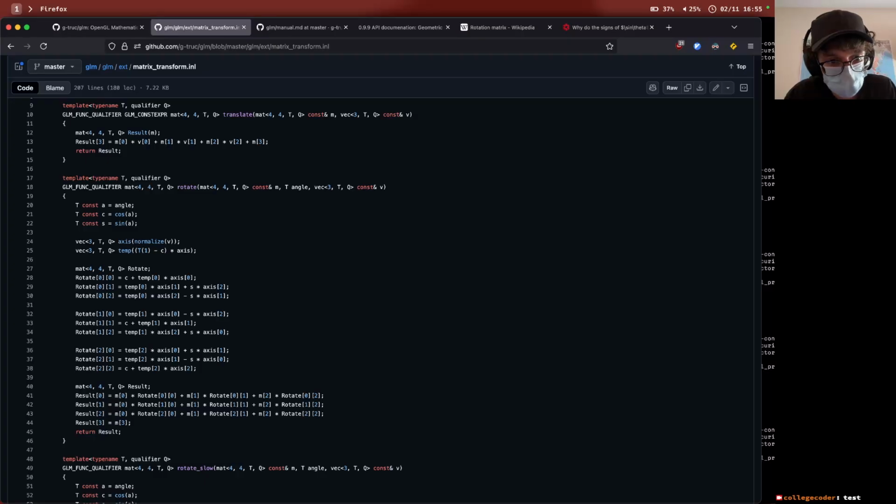And so at column 0, row 0, it takes C being the cosine plus the temporary, which in our case would be 1 minus the cosine of some angle times the axes, where the axes is the normalized vector, which would still be 1, 0, 0. And that is another vector.